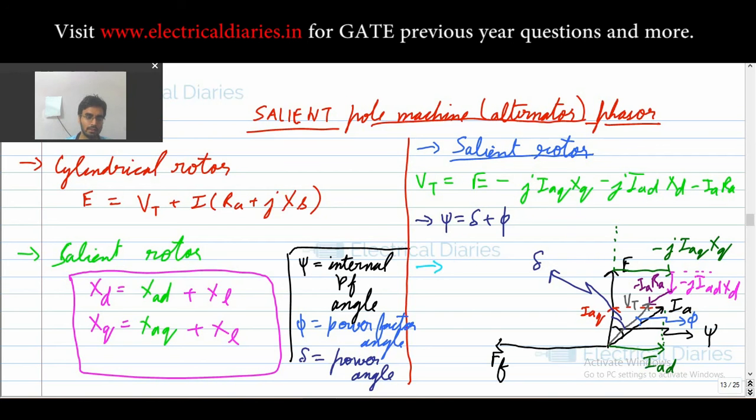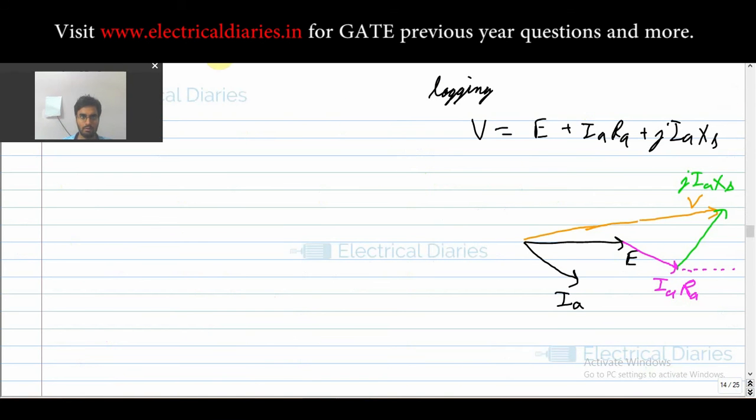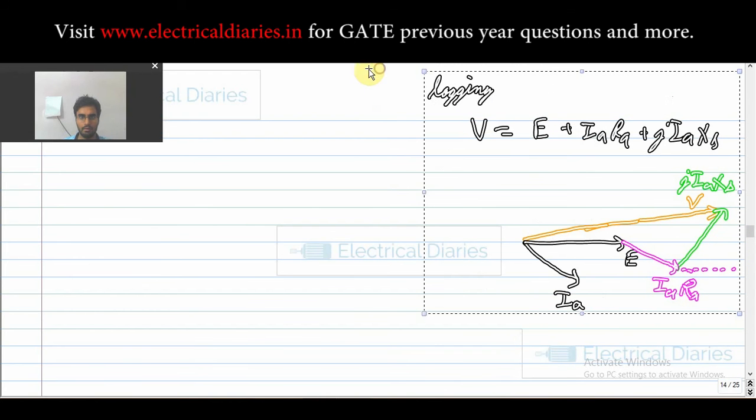And for the scalar calculations, there are some formulas, and I will tell you a way for a salient rotor machine, of any generator or motor. You just remember these things that I am writing, and you will solve many questions.